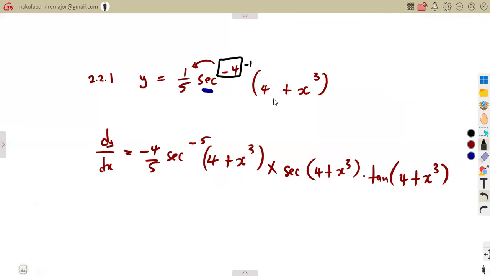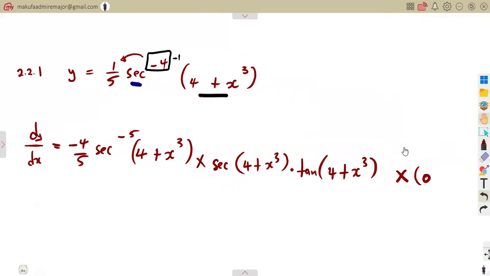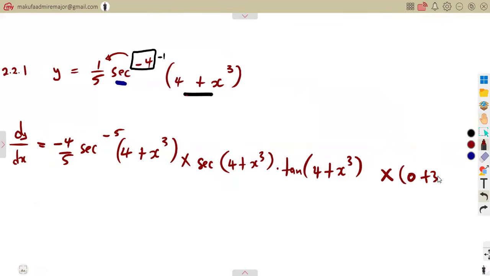We move on to the algebraic expression. So you multiply by the derivative of the algebraic. What is inside it? That's the derivative of 4, that's a 0. The derivative of x to the power of 3, that is 3x squared. So this is what you're going to have at the end.